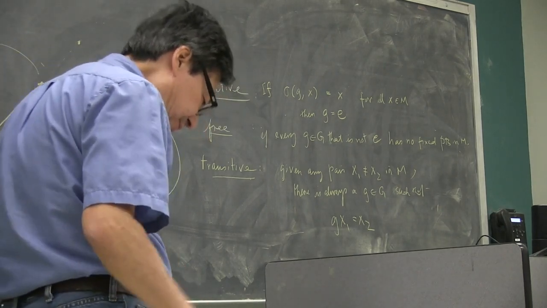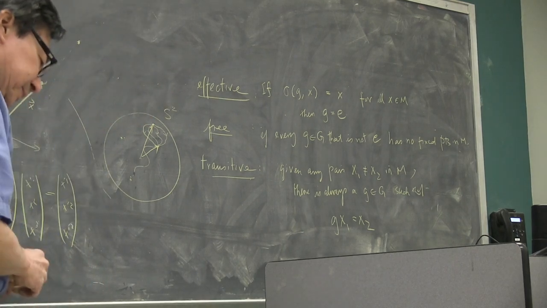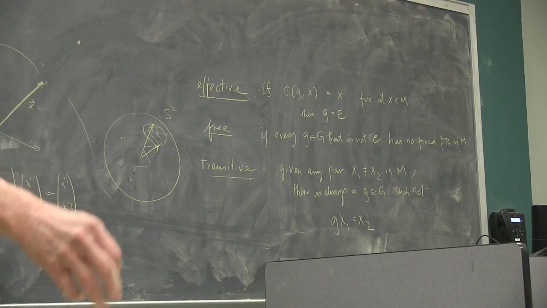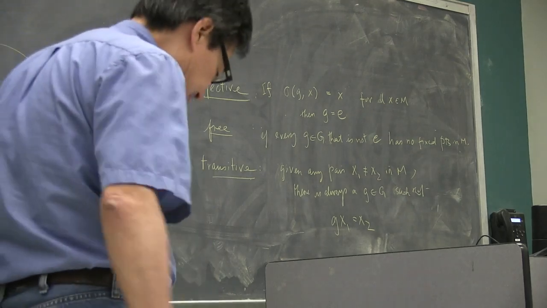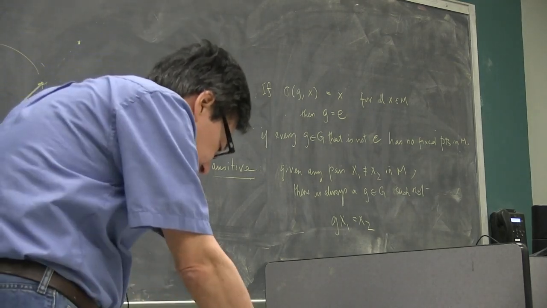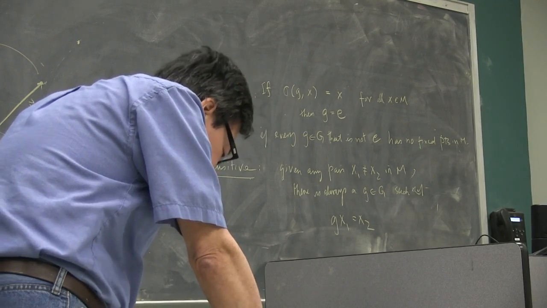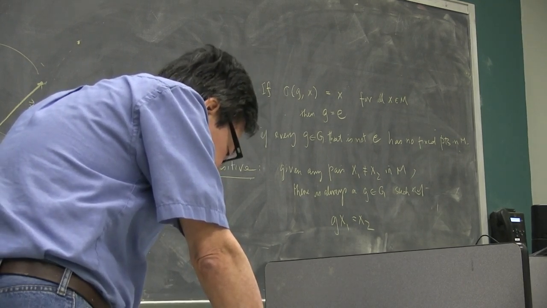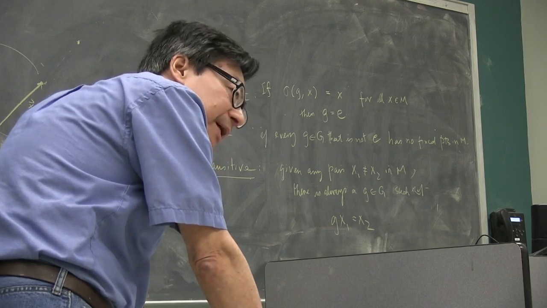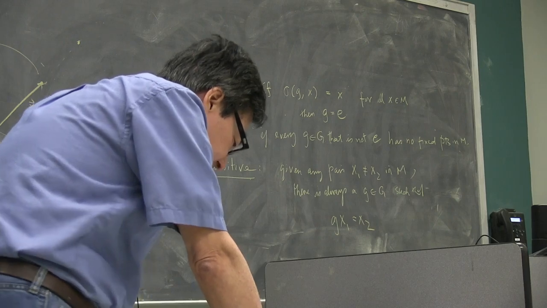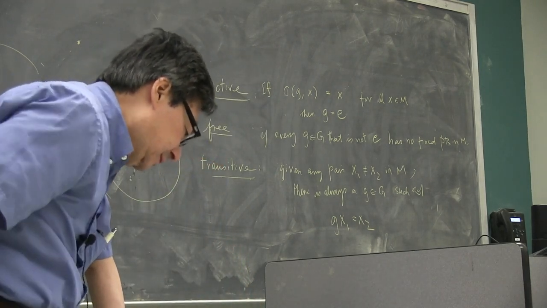Now, following this description, there's a simple exercise, considering these two group actions that I have just mentioned. Actually, the problem is stated more generally than SO3. It asks you to consider O(n), not even SO(n). Consider the action of O(n), the orthogonal group of n by n orthogonal matrices, acting on Euclidean space.